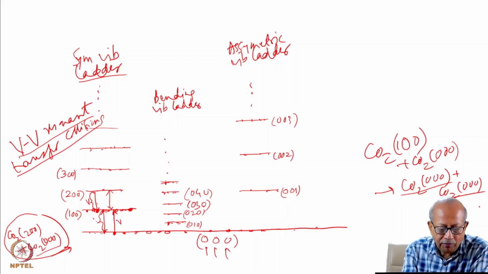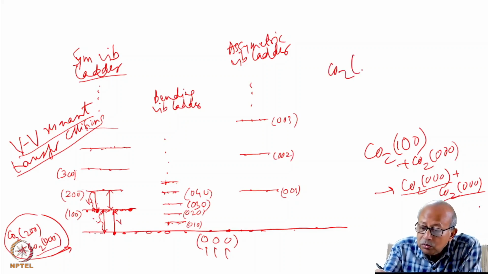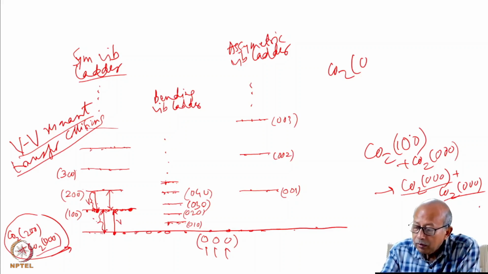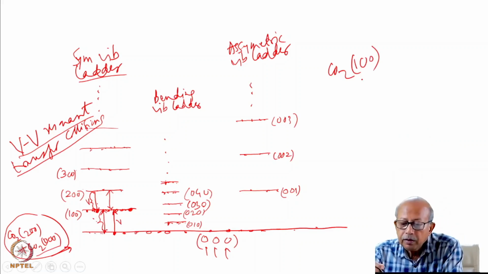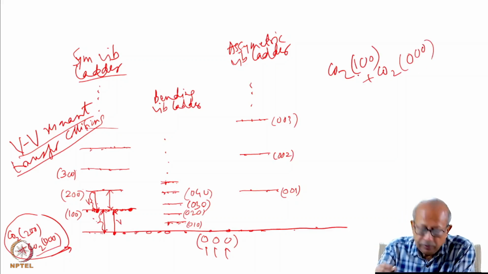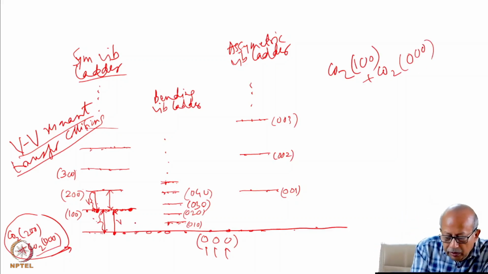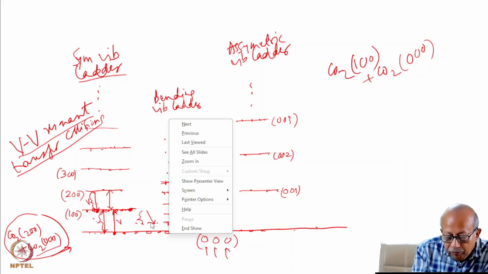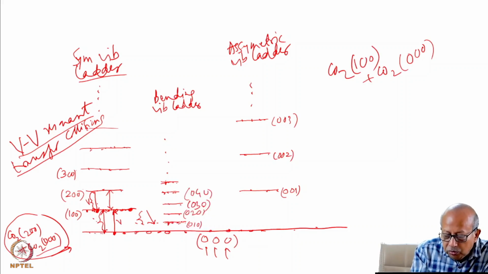Therefore, another vibrational energy relaxation occurs here, where the CO2 in the first excited symmetric mode of vibration would collide with CO2 ground state, and this molecule can actually drop down to this level, and the vibrational energy it releases, the ground state carbon dioxide molecule absorbs and goes up to this state.